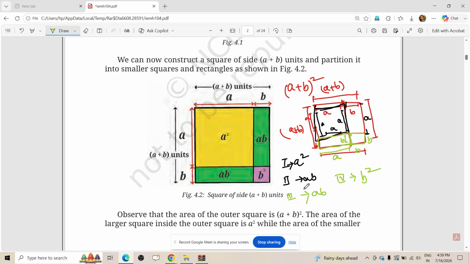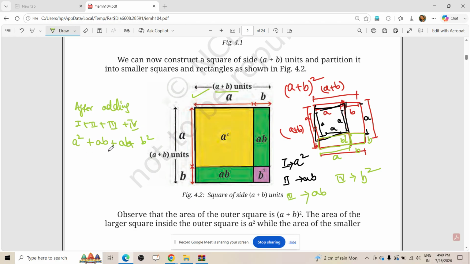When we add all these, we will get the area of the whole square, that is the area of the square of a plus b unit. So when we add 1, 2, 3 and 4, what do we get? The area of the first part is a square, plus the second part is ab, and the third part is also ab, and the fourth part is b square, right?